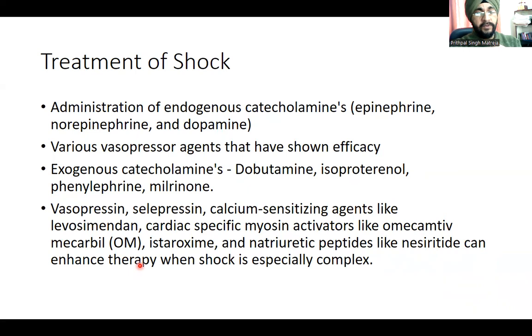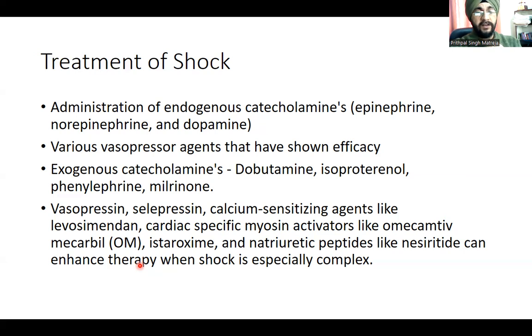When we talk about the endogenous catecholamines, we have epinephrine, norepinephrine, and dopamine. Obviously, each has its own advantages and disadvantages, and we'll be talking about these in the coming slides. Then there are certain exogenous catecholamines that are used, such as dobutamine, isoproterenol, phenylephrine, milrinone.